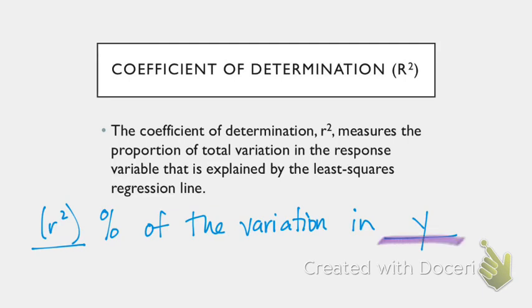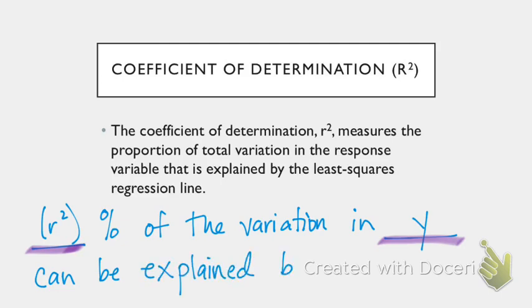I'm going to underline it because you're going to insert context. So 80% of the variation in the grade on the test can be explained by the LSRL, which you haven't exactly learned yet.